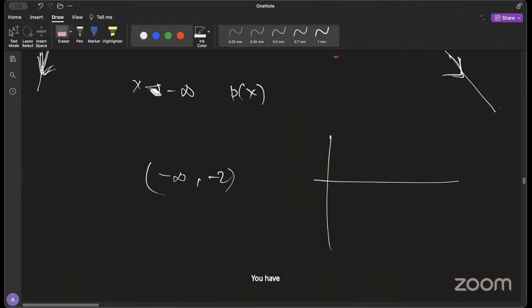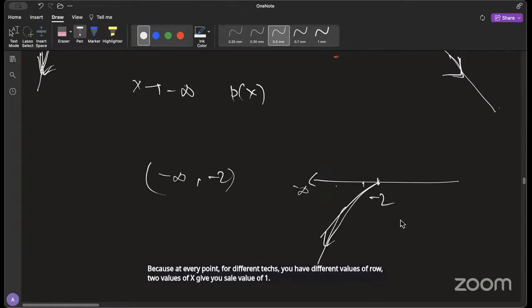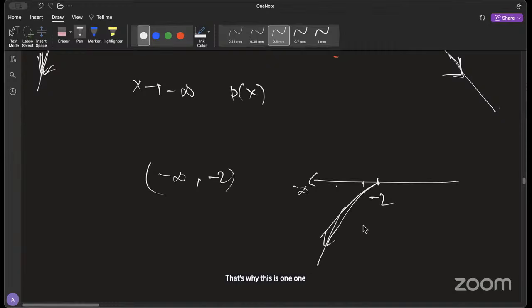You have minus 2 here and minus infinity here, and it's going down. Then obviously it's 1-1 here, because at every point, for different x, you have different values of y. No two values of x give you the same value of y. That's why this is 1-1, or it passes the horizontal line test.